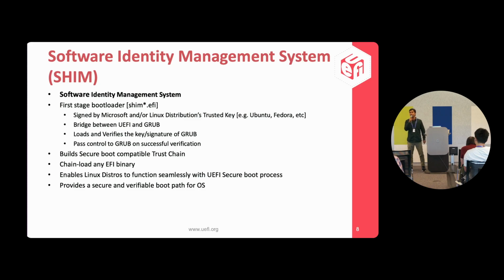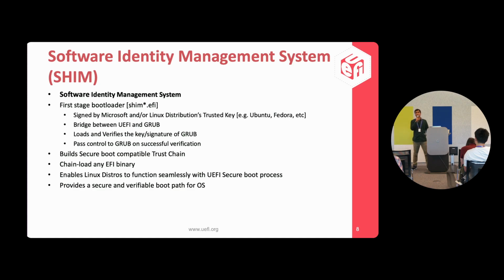Shim has different facilities also. It can directly load various EFI binaries as well, which is called chain loading of different EFI binaries. So with Shim, we can directly load the Linux kernel as well. But we have to ensure that these Linux kernel binaries are again signed with authenticated keys.